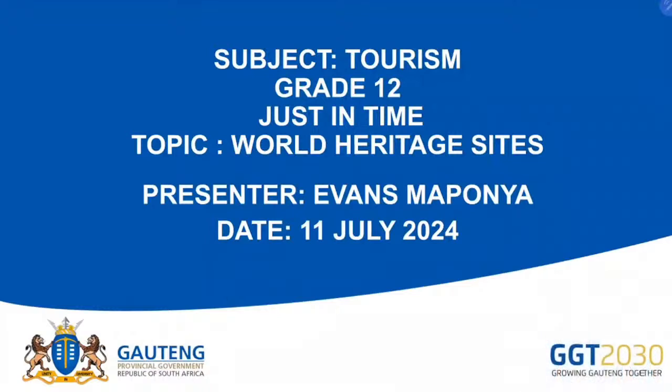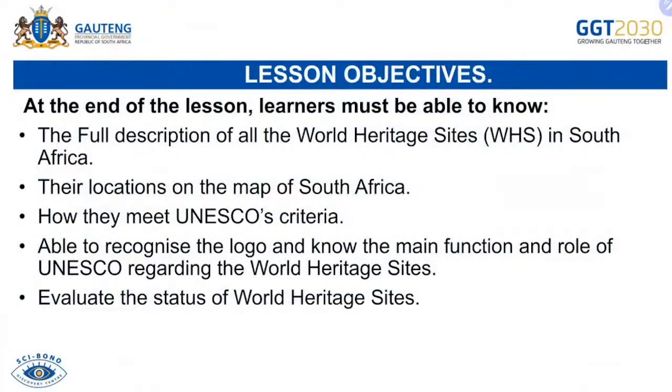Today's topic is World Heritage Sites. Not everywhere in the world, but we are going to focus on World Heritage Sites that are located in South Africa. Here are some important aspects or the objectives of this lesson.